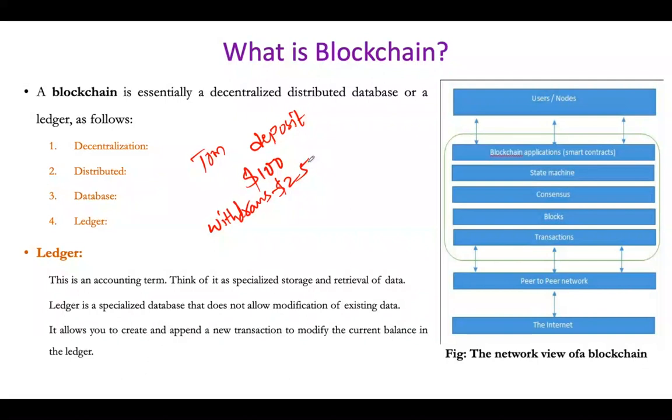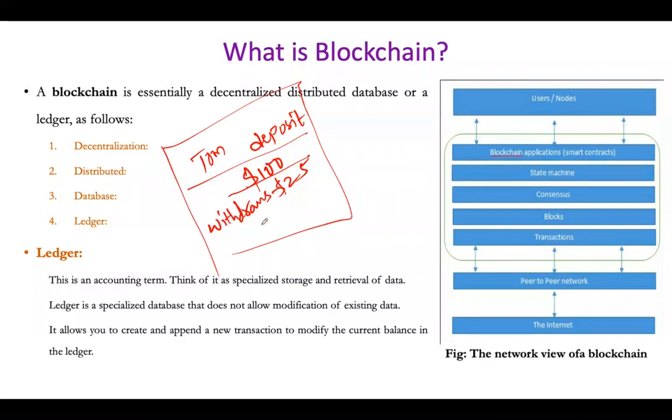Then the bank does not modify the existing entry and simply store data from 100 to 75. Instead, it adds another entry in the same ledger as a debit of $25. So that is the deposited amount and the withdrawal amount.